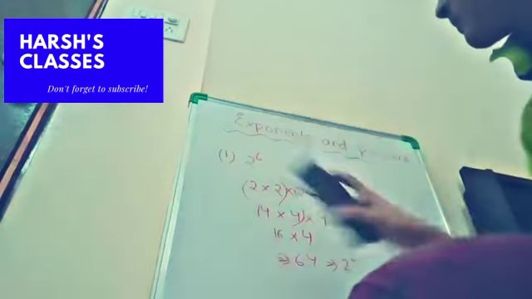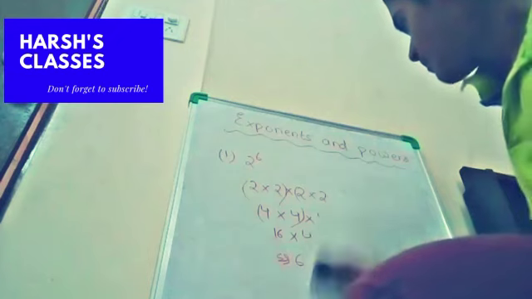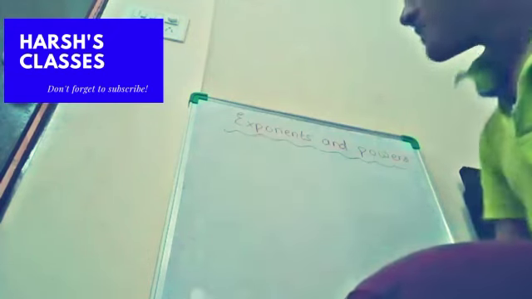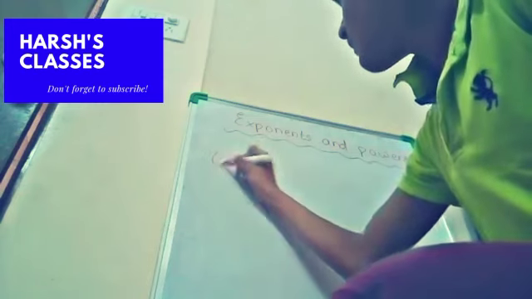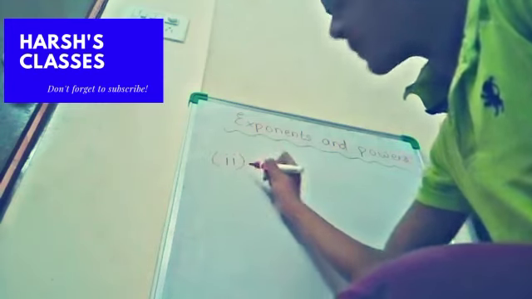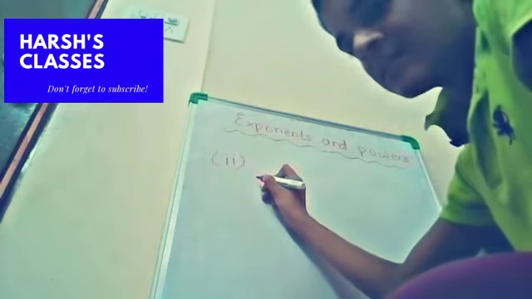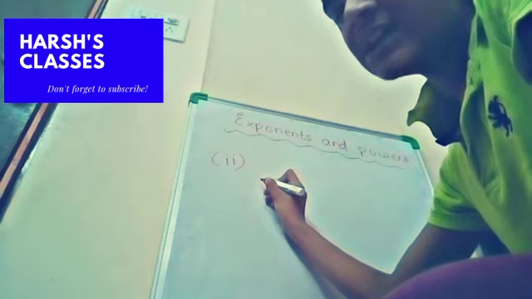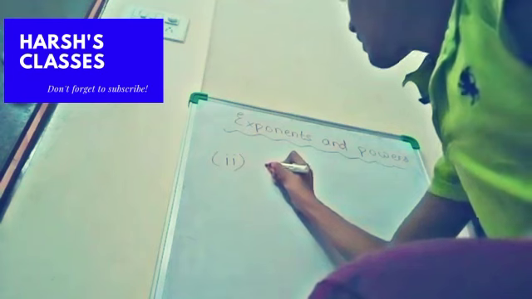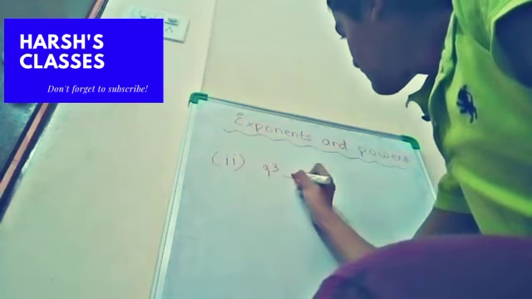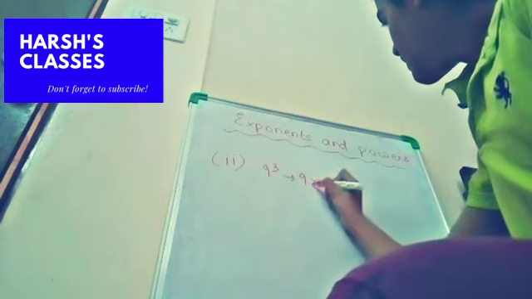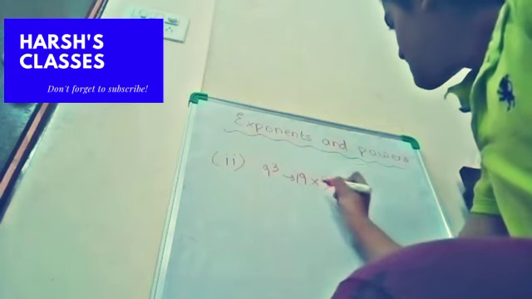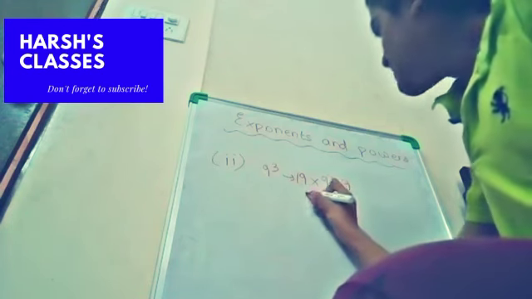Now we'll go for the second one. Let's try to solve the second one. 9 to the power 3 means 9 is multiplied by itself 3 times. So 9 to the power 3 is equal to 9 into 9 into 9. 9 nines are 81.